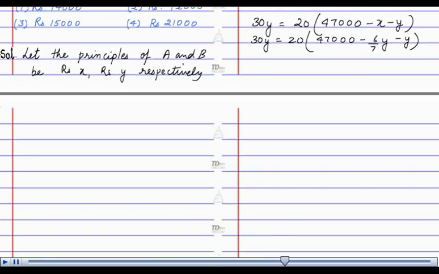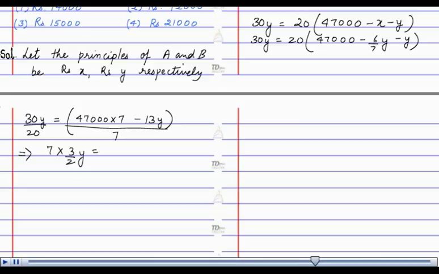This is equal to 30Y upon 20 equal to 47,000 into 7 minus 13Y whole upon 7. This implies 7 into 3 by 2Y equal to 47,000 into 7 minus 13Y.